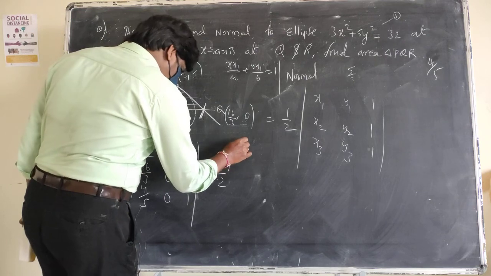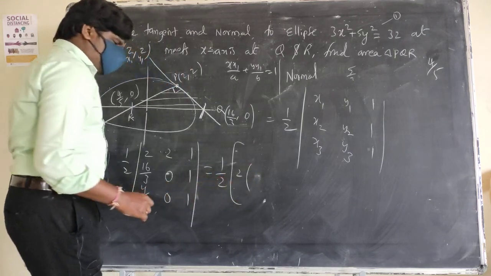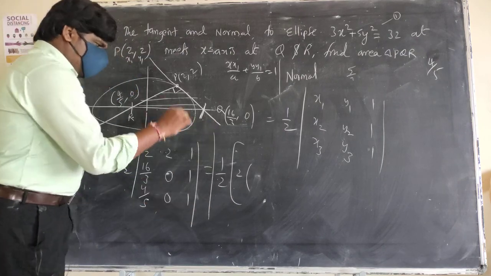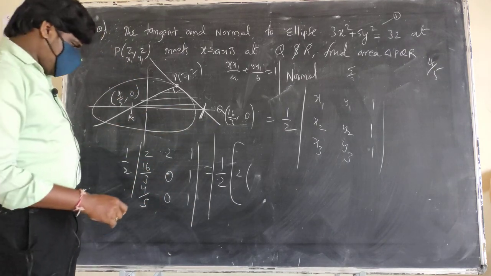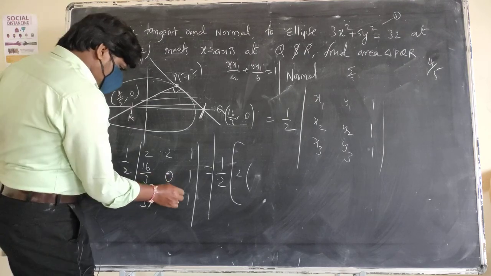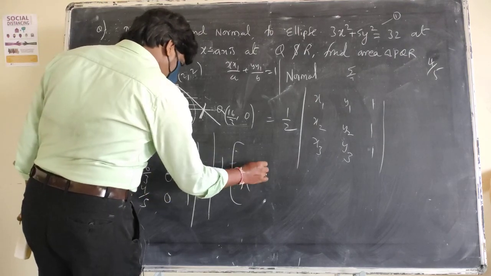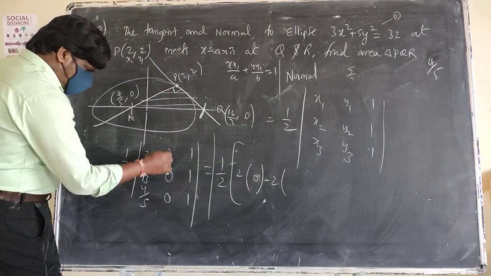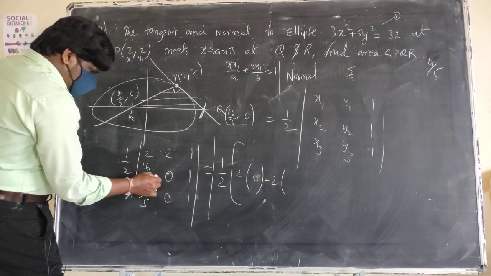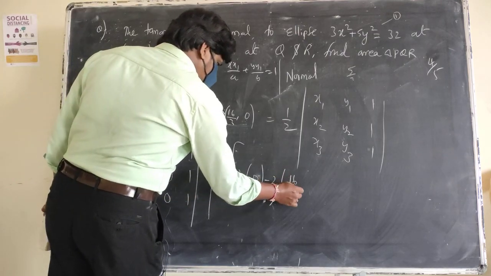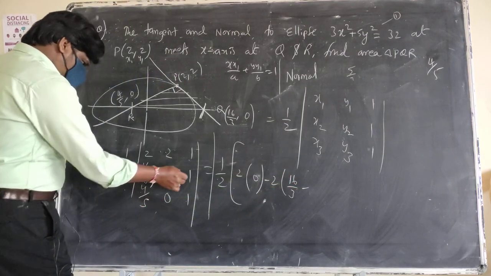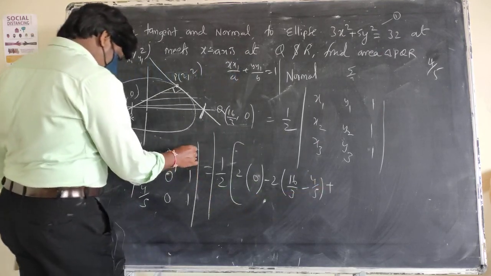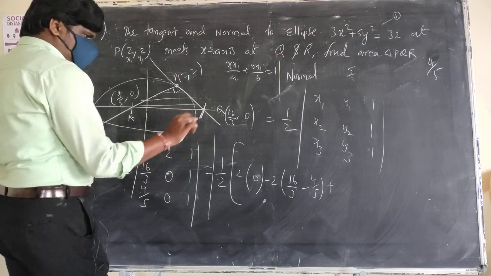Area you always have to take positive, not negative, so we take the modulus. Remember that. So 0 into 1 is 0, 0 into 1 is 0. Minus 2 into 16 by 3 minus 4 by 5, then this into 0, this into 0, over.